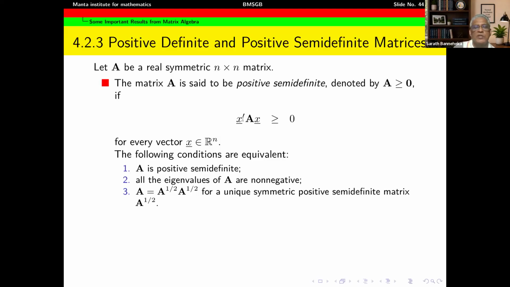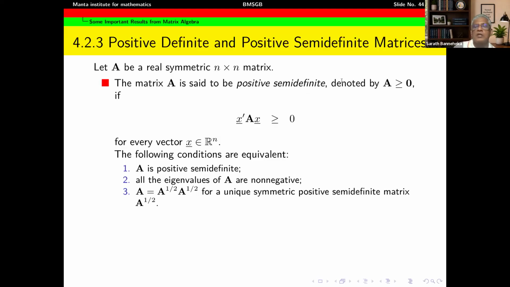So when you calculate X transpose AX, you are going to get a fixed constant. That constant has to be greater than or equal to 0 for any real vector X. Then we say A is positive semi-definite, and this is the notation for that. This is not saying some constant is greater than or equal to 0, but for the matrix also, we write it like this. But this means the matrix A is positive semi-definite.